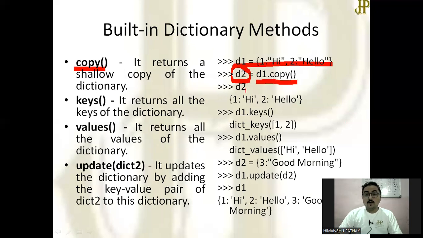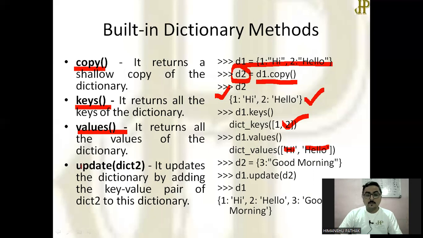So, if I'm going to try to print D2, it will print the same data elements. And what is the keys method? It will return all the keys present in the dictionary. So here only two keys are there, 1 and 2. So 1 and 2 is printed over here. Values will give, it will return all the values available in the dictionary. So hi and hello will be printed.